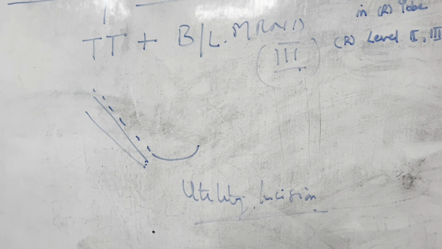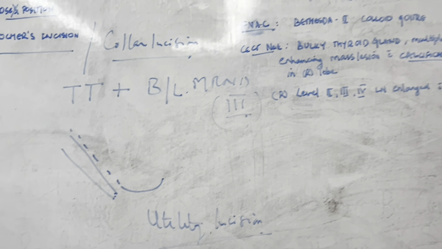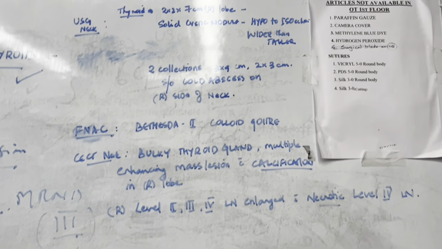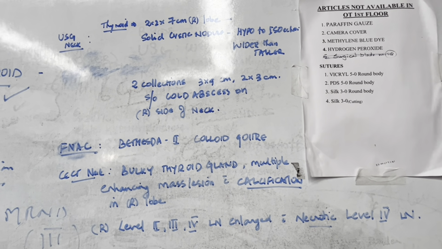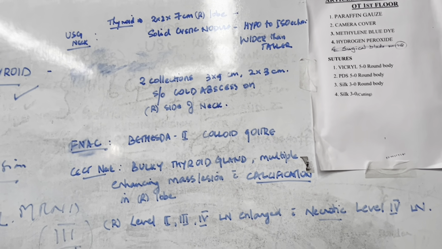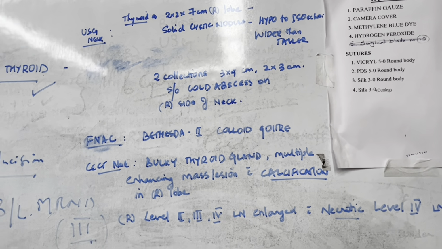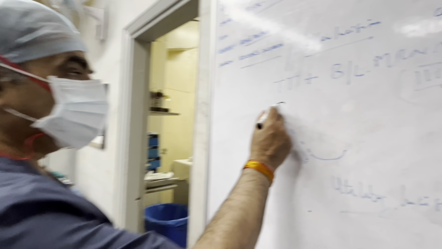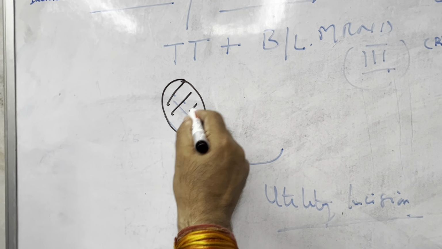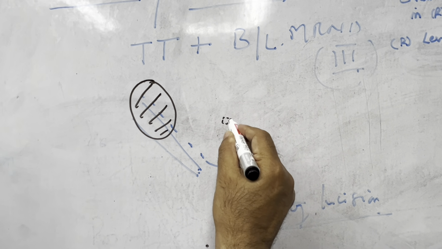Right. If you look at the patient's clinical profile, it may look like a lateral aberrant thyroid. So what is lateral aberrant? It is a metastatic node of papillary thyroid cancer, and there is a big node here. Gland is hardly palpable.